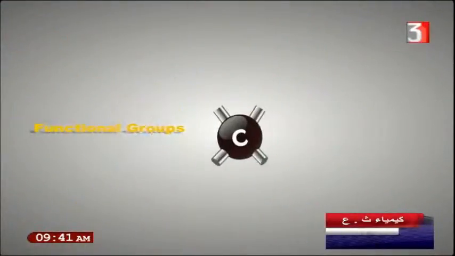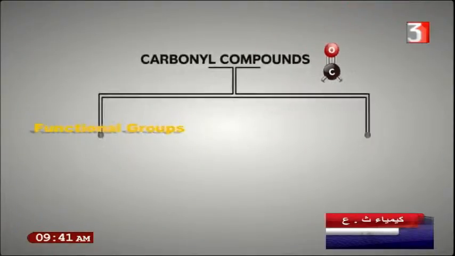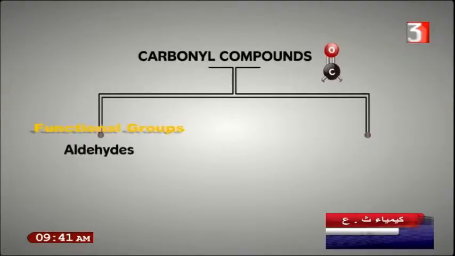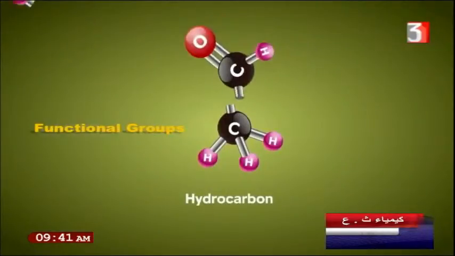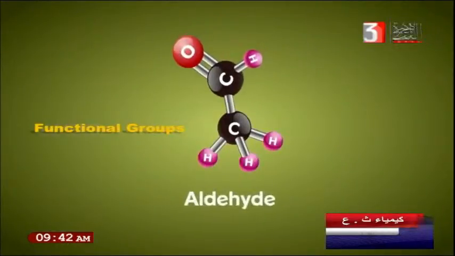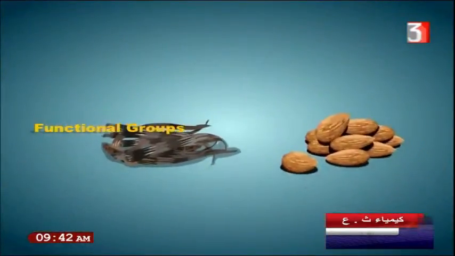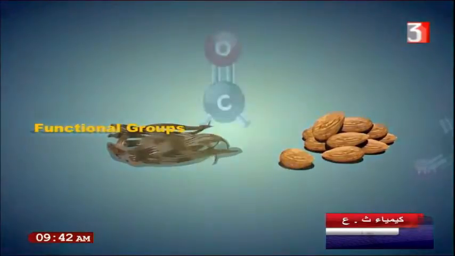Carbonyl compound, C double bond O. Aldehyde or ketone. In a hydrocarbon, if it is replaced by CHO, it is an aldehyde. CHO is the characteristic group for the aldehyde functional group, found in nuts as you see.